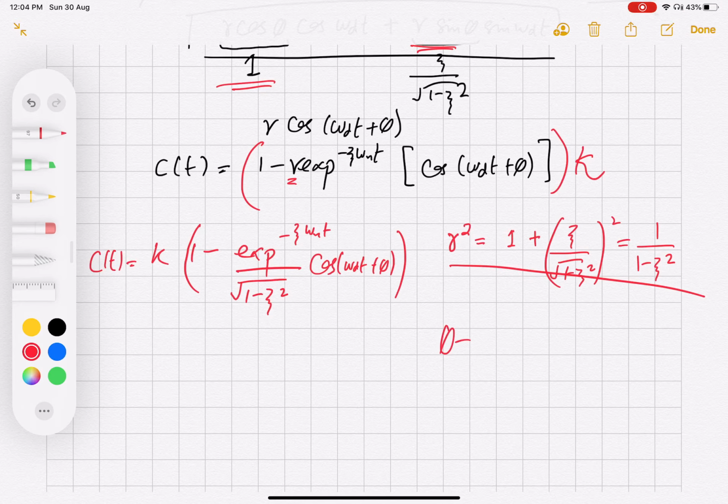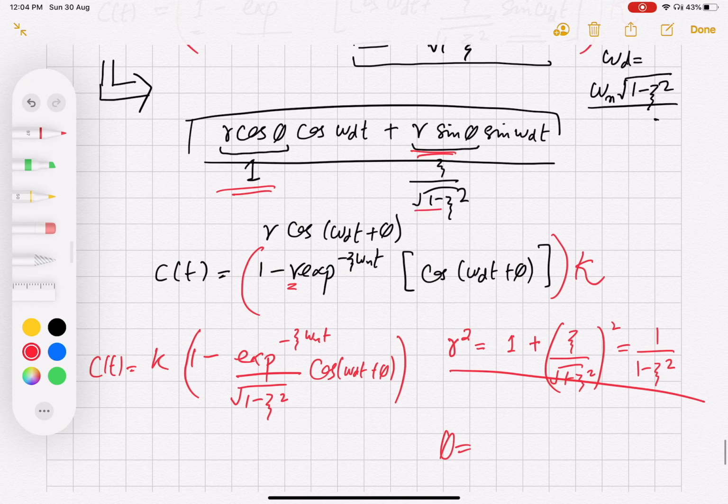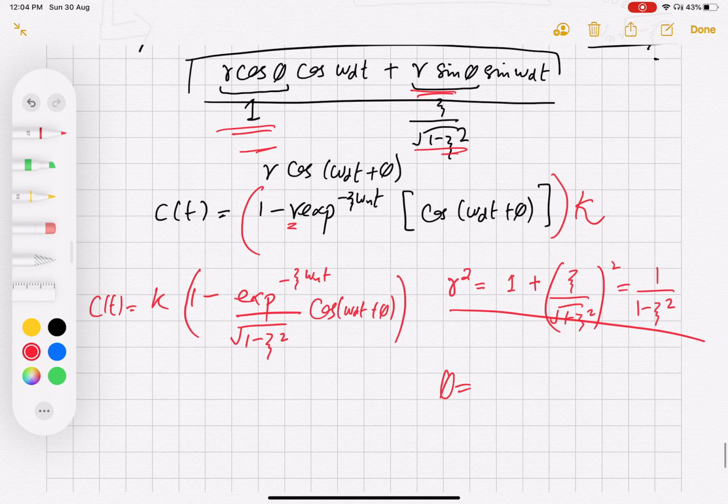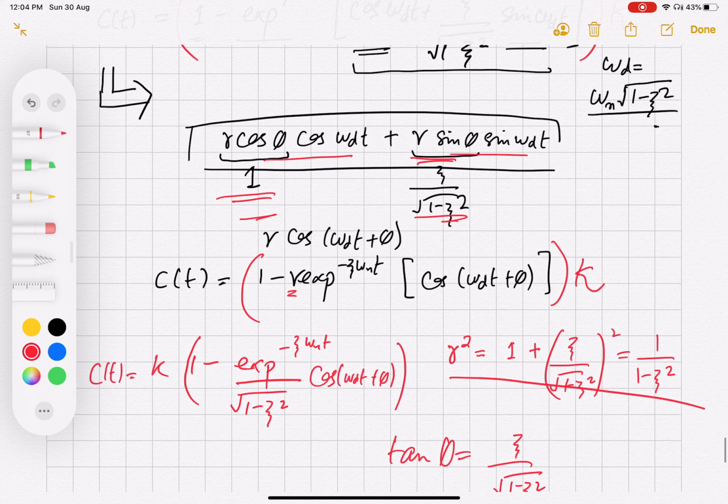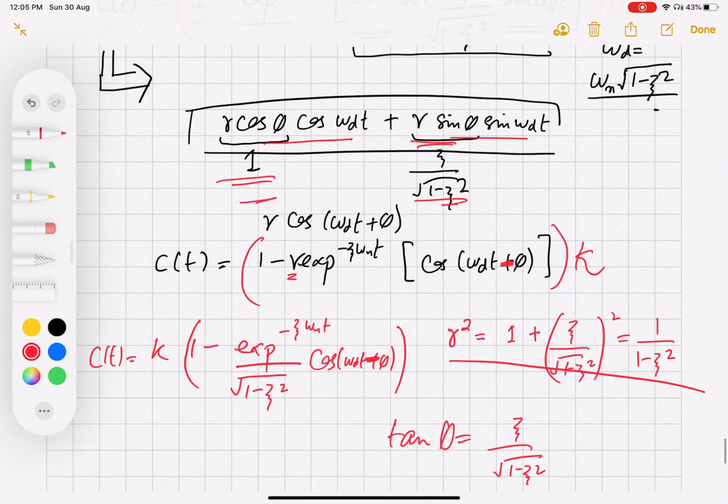And phi you can obtain by taking the ratio of these two quantities, so tan phi is equal to zeta upon under root of 1 minus zeta square. So this is cos a cos b plus sin a sin b, which is cos of a minus b. So this is your expression.